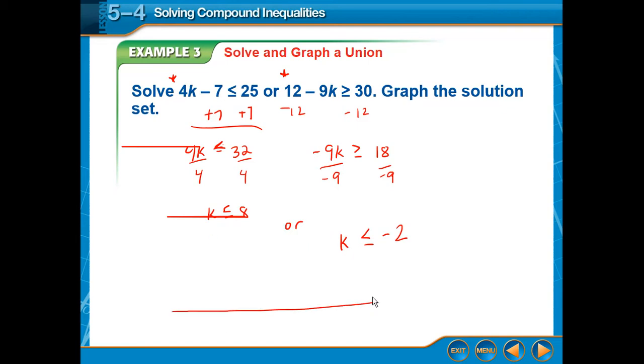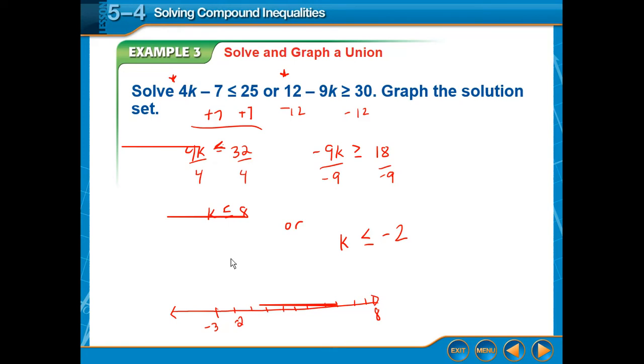So if I were to graph each one, let's say this is negative 3, 2, 1, 0, 1, 2, 3, 4, 5, 6, 7, 8. Sorry, poorly drawn, my bad.